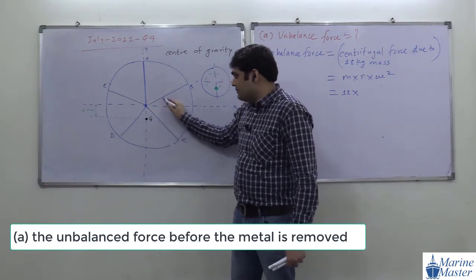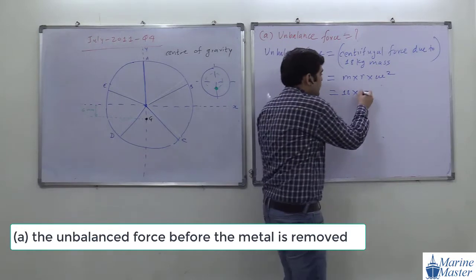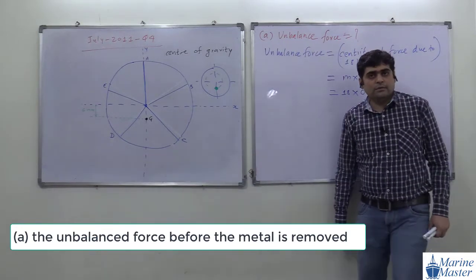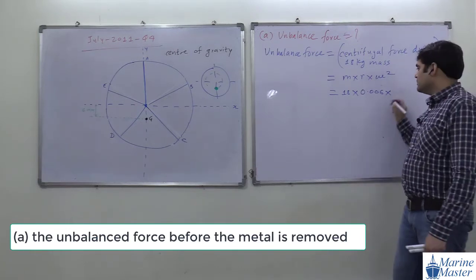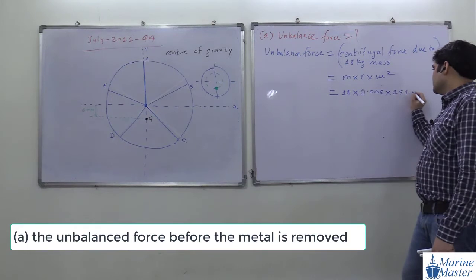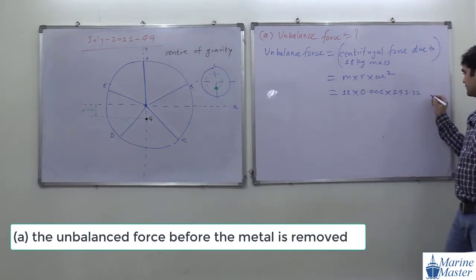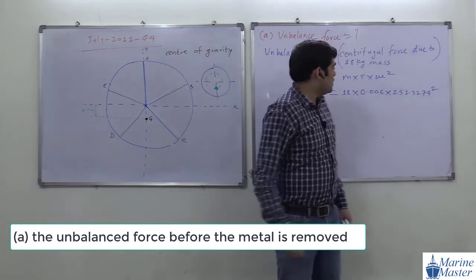So our radius is 0.006. Anyone have any doubt in this one? And how much will be the omega? Omega is 251.32, squared. Okay, good. So please everyone do the calculation.